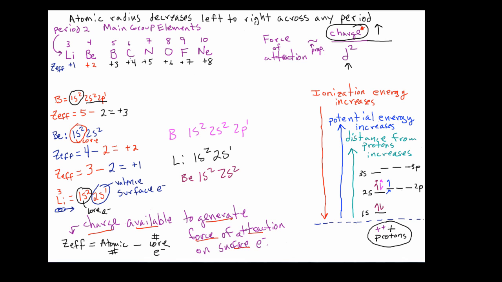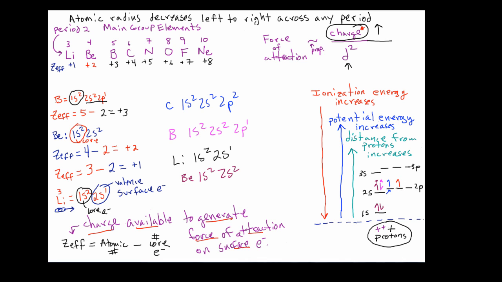When we move to carbon, let me get the electron configuration up for that, it's going to be 1s2, 2s2, 2p2. You can see once again, when we add in that next electron, that it is being added to the same 2p shell as the boron electron.